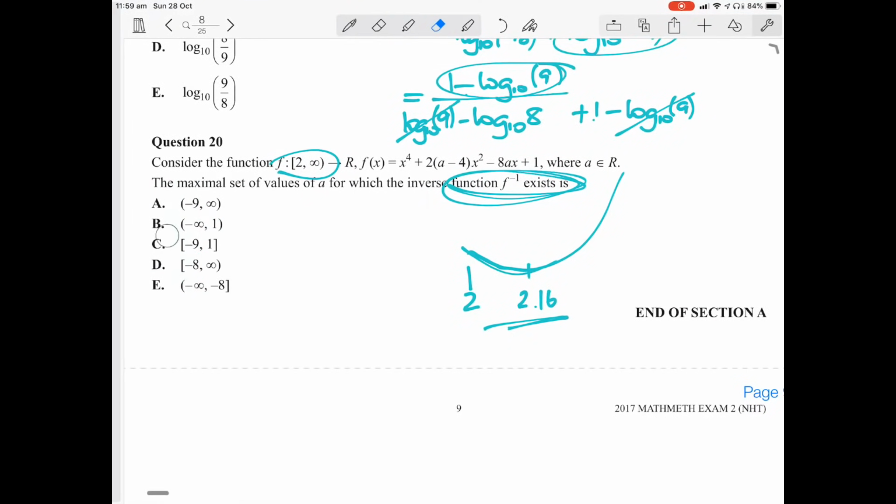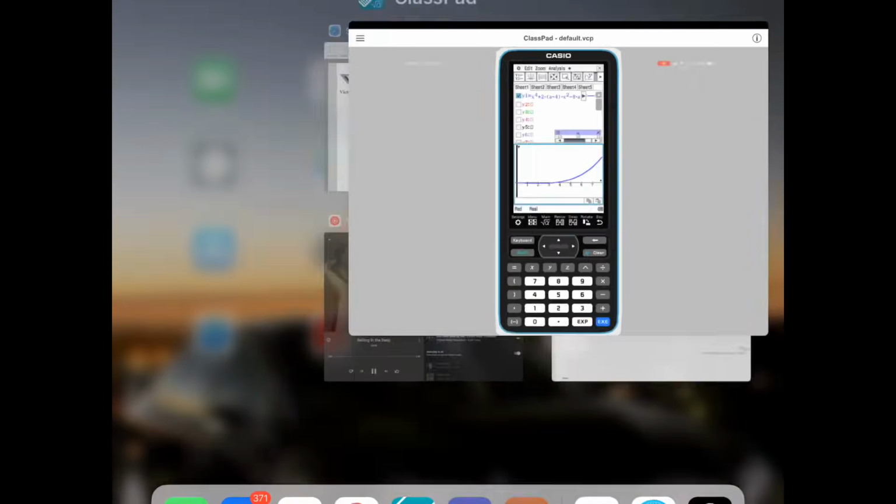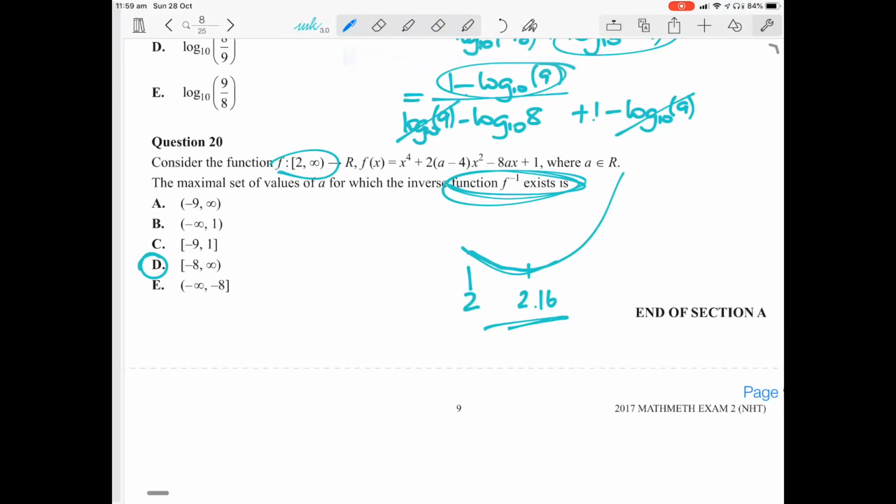So, probably should rub them out and say from negative 8 to infinity. So as long as a is negative 8 or above, you can see as we move across, that's always 1 to 1. So that's our solution.